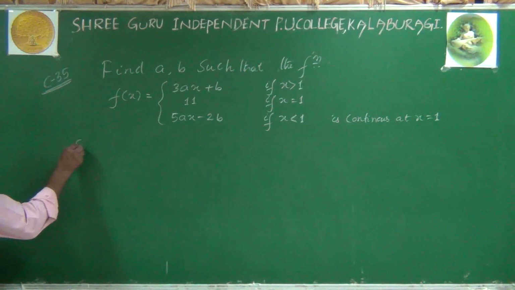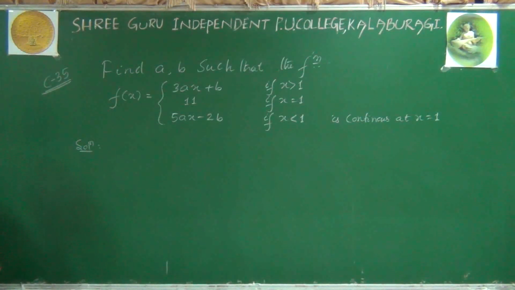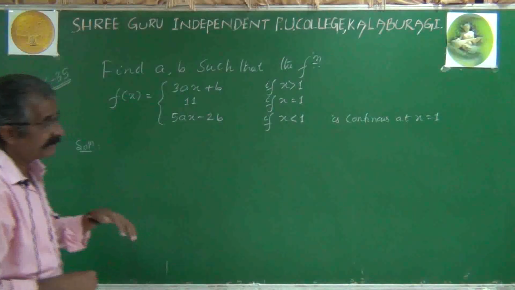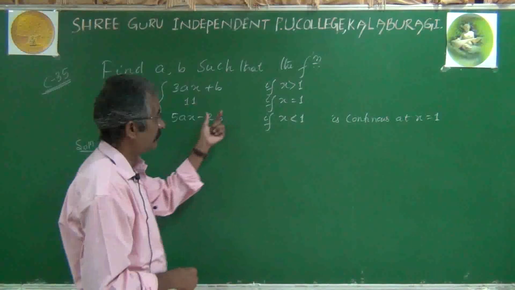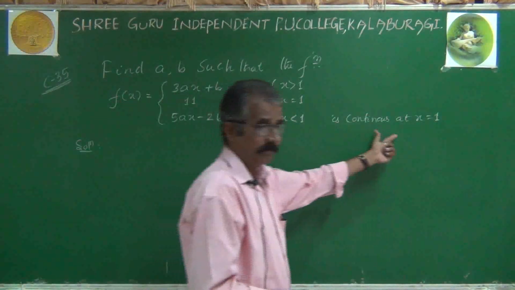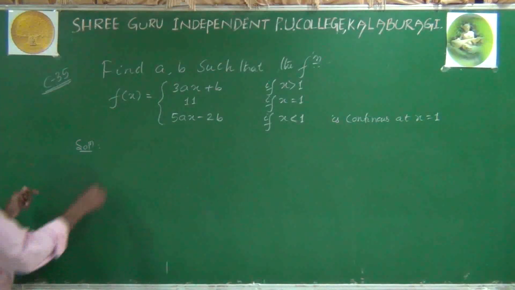So write the solution. First you write again the given function, that is separating your solution part. Now the point to be discussed for continuity is x equal to 1. Because a is already in the problem, to not confuse, you can take alpha.